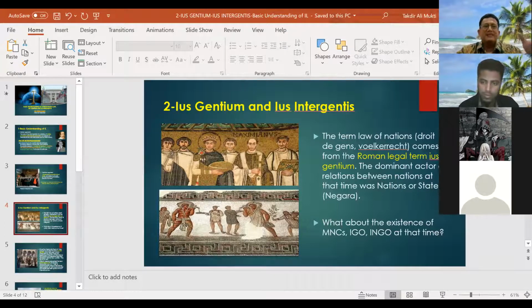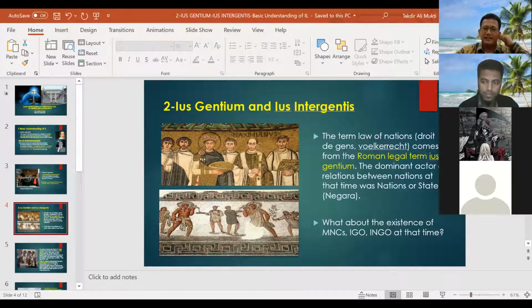So state by state in the international arena. Yes, there are several exceptions in Ius Gentium where a person or non-state actor was also accommodated in this principle, but the dominant actor at that time in the Roman legal term Ius Gentium was the state actor in international relations.